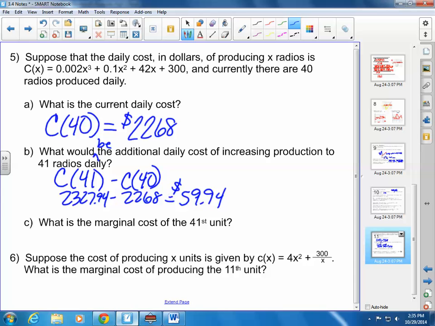What is the marginal cost of the 41st unit? Well, up above it says marginal cost at x is given by the derivative of the cost function, of the x plus first item. So find the derivative of the cost function. What's the derivative going to be?